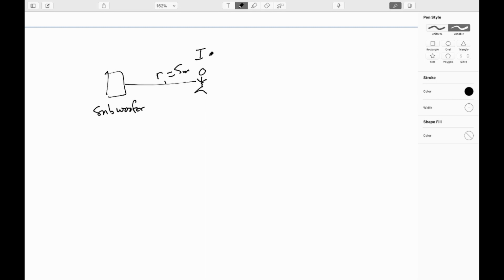You're going to hear some sort of intensity, I1. What I'd like to know is how far away I will need to stand from the subwoofer so that the intensity is now a quarter of what it was when I was 5 meters away. So we need to figure out this distance, R2.